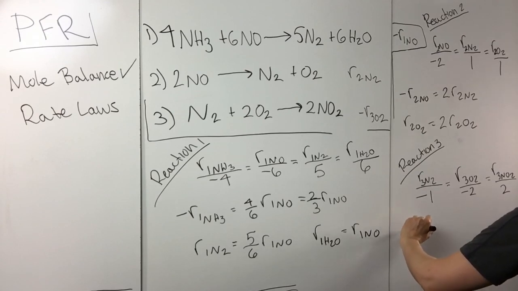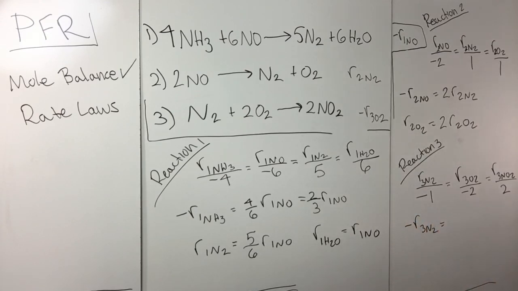So then we can get the rate of disappearance of R3_N2, so just multiply the 1 over, so 1/2 R3_O2, and the rate of appearance of NO2 in reaction 3, we multiply the 2 over, so 2 divided by 2 is 1, so we just get R3_O2.